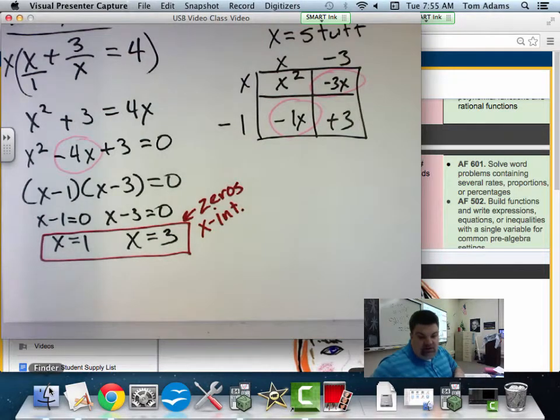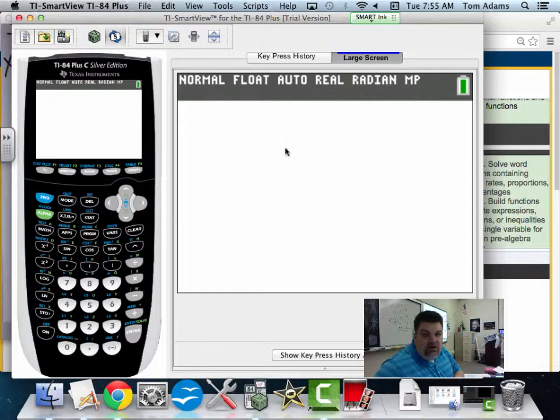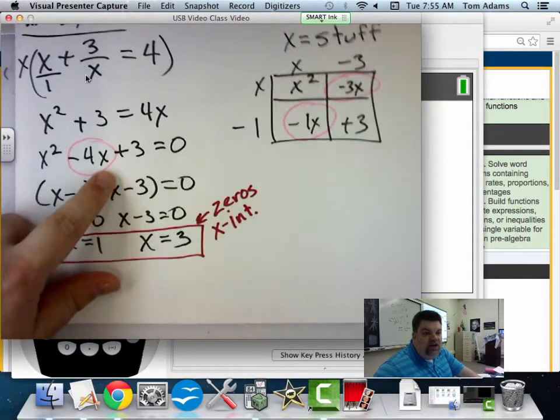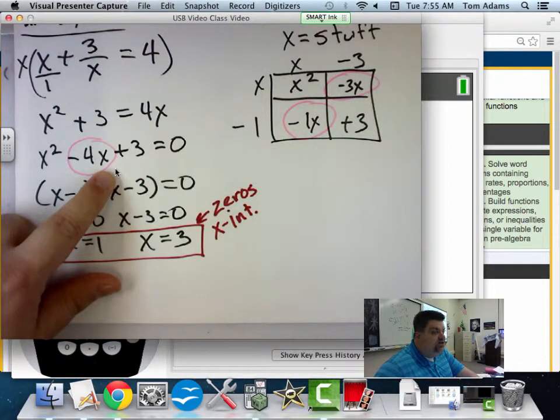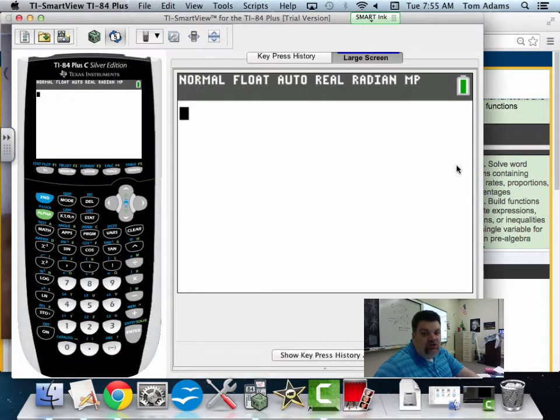So what I'm going to do is graph this real quick and see what we get. To do the equals 4 thing, I can't, so I'm going to have to graph this. Hopefully I didn't make any mathematical errors to get to this point. If I did, I'm not really double checking a whole lot. There's another way to do it too, and I'll show you in a second.